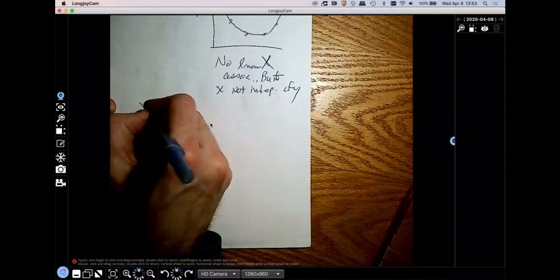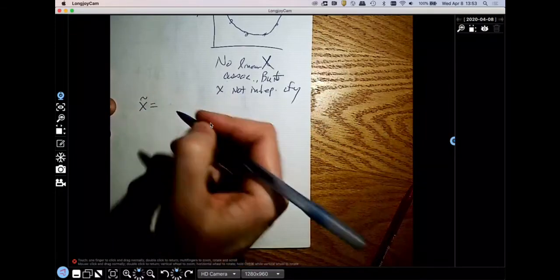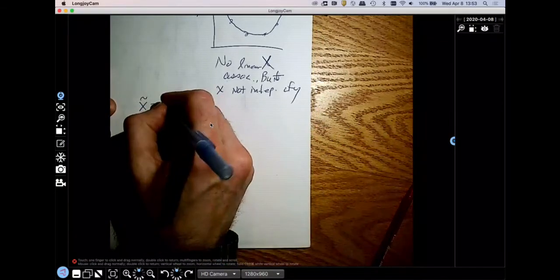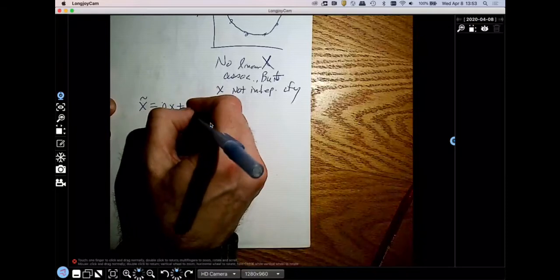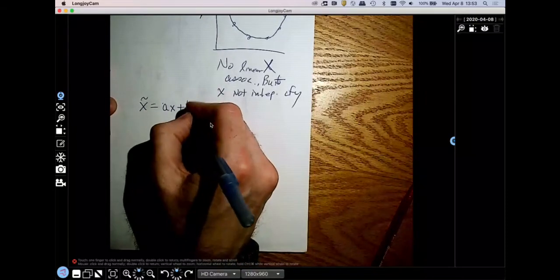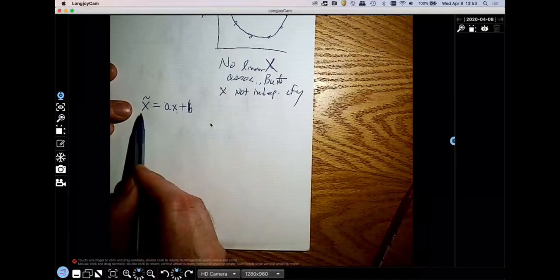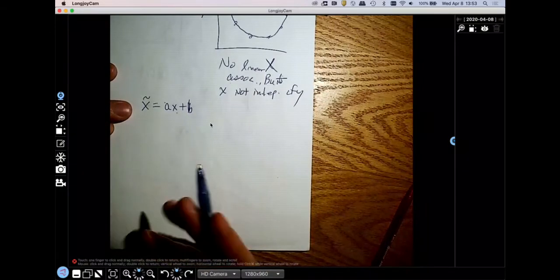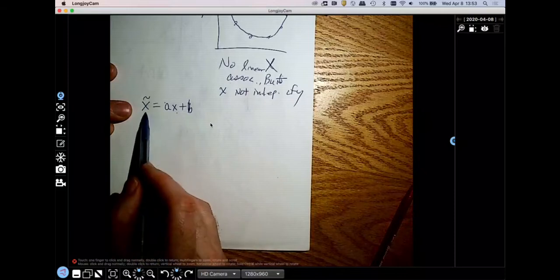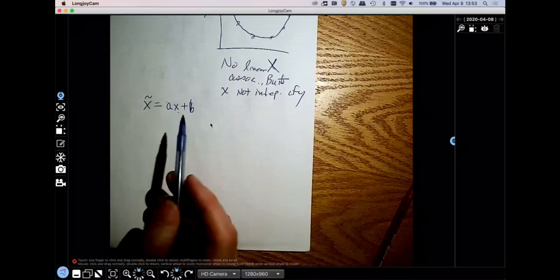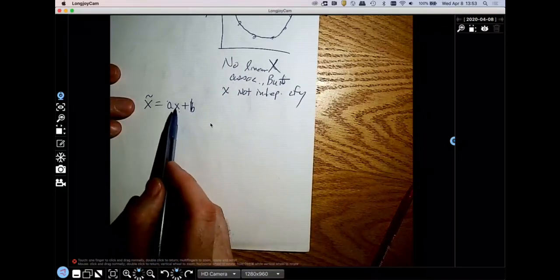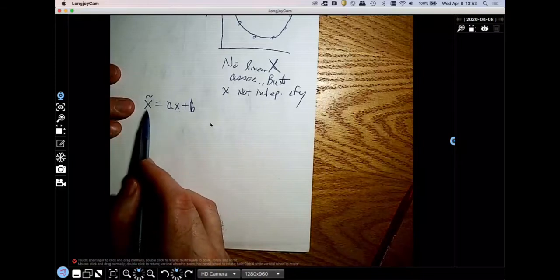I replace x with, say, x tilde, which is equal to ax plus b. So I've taken a linear combination, like maybe x is measured in degrees Fahrenheit, x tilde is measured in degrees Celsius. So I've just converted this to a different set of units. Or maybe x is centimeters and x tilde is miles.